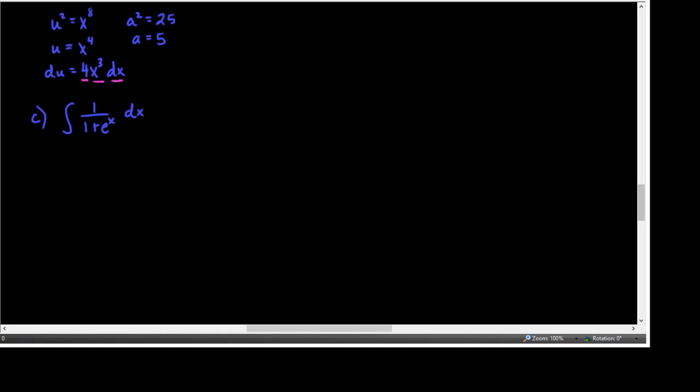Okay, well, I thought of several different things and ended up discarding a few of them because they didn't work. You may have done the same thing. I tried to let u equal e to the x, didn't work. I tried to let u equal 1 plus e to the x, didn't work.